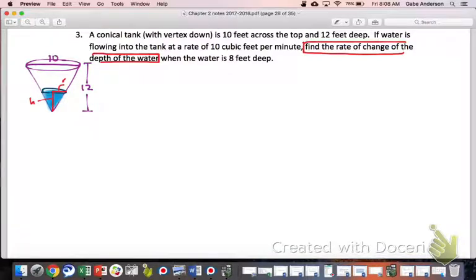So based on the way that I labeled it, maybe hopefully you labeled it the same way, what is that as far as the rate variables? Rate of change of depth of water. So rate of change of depth of water is not height. I'm being picky here, but for good reason. dH/dt, it's the rate of change of h, right?